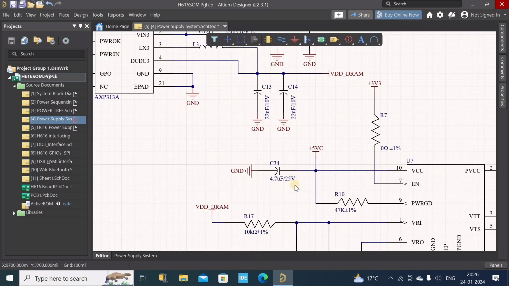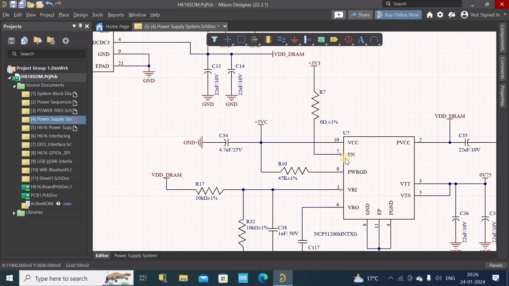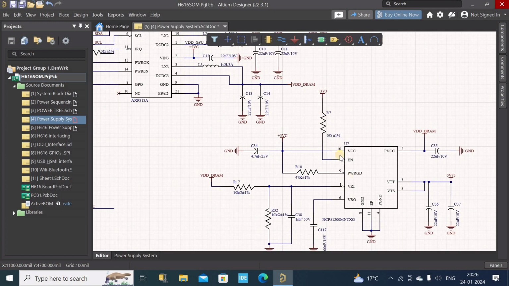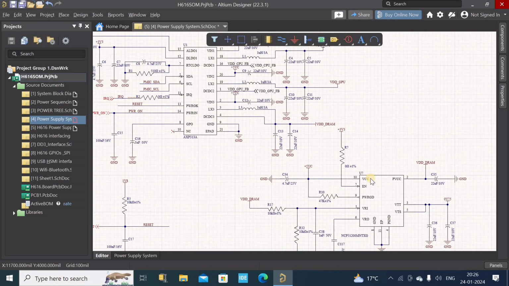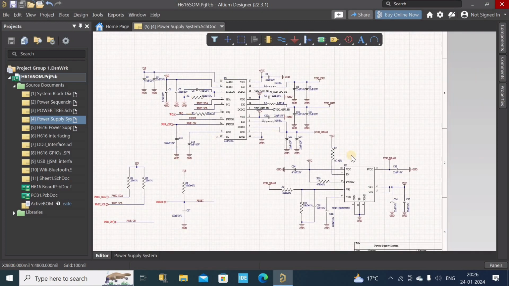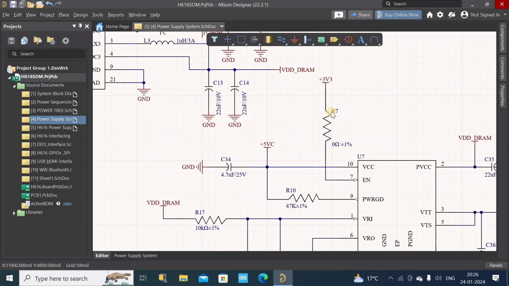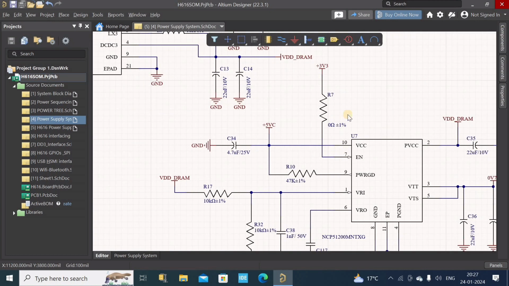Okay, and we have one 4.7 microfarad filter cap, and then we have an enable pin. In order to initialize its operation, we need one enable signal, and this is connected to 3.3 volt coming all the way from the power management IC. All right, this is in here, okay, 3.3 volt, and it is connected through this 0 ohm resistor. Okay, so far so good.